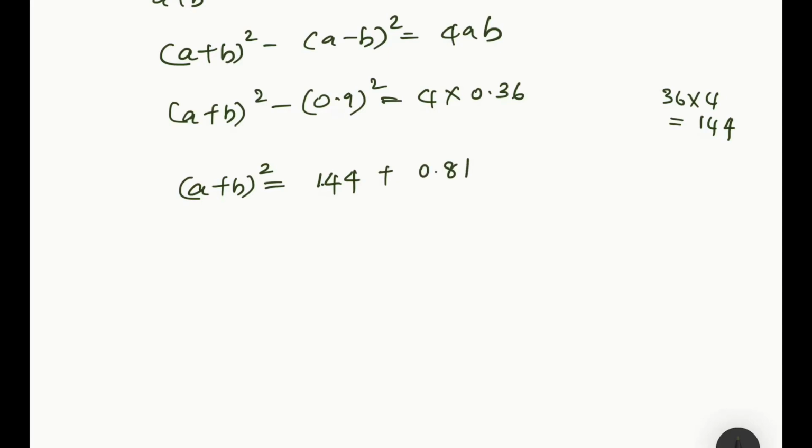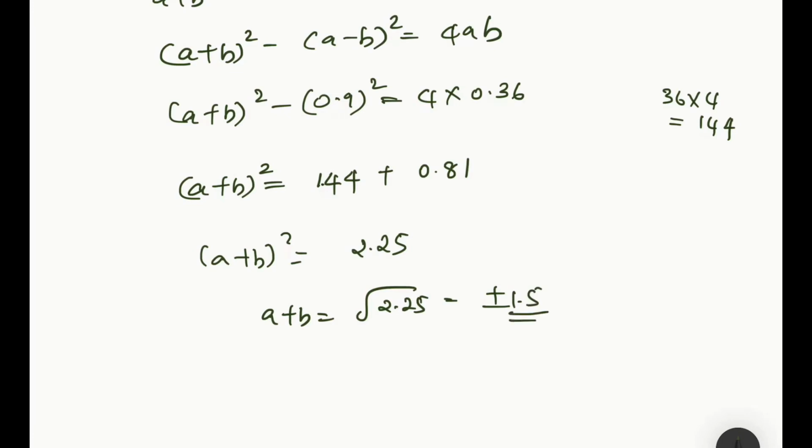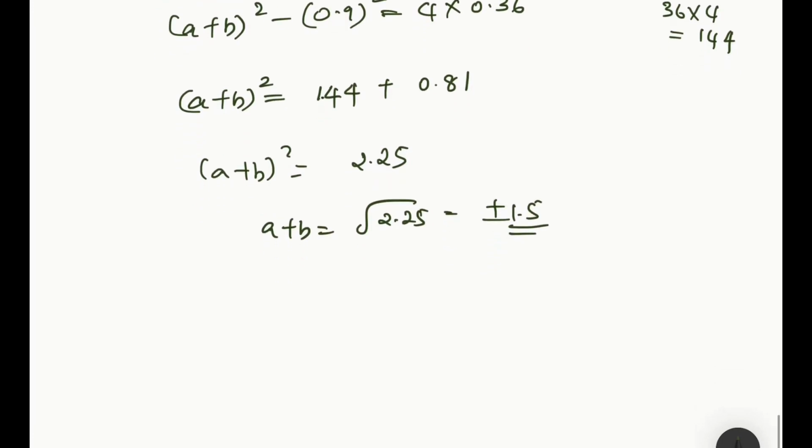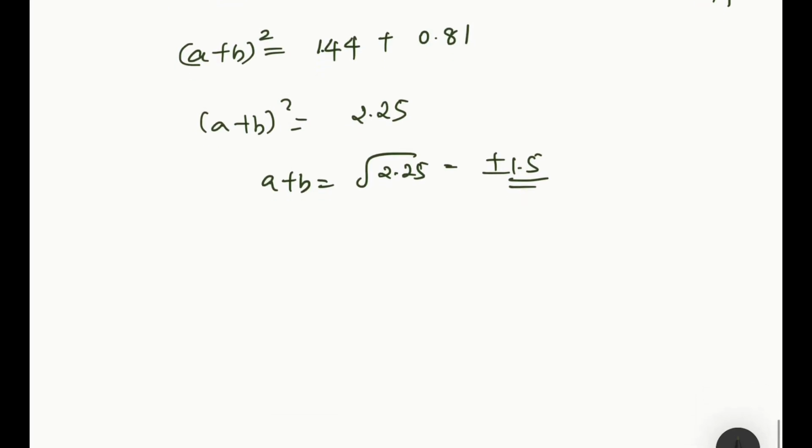So a plus b the whole square equal to 1.44 plus 0.81 equal to 2.25. So a plus b is equal to root of 2.25, that is equal to plus or minus 1.5. Because you know the square root of 225 is 15, so 2.25 will give plus or minus 1.5.